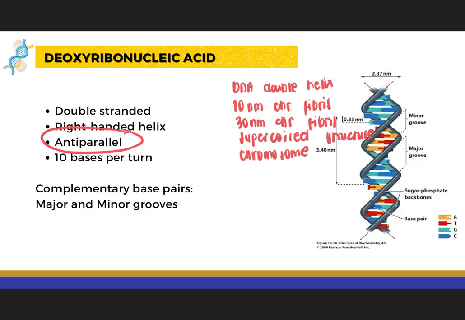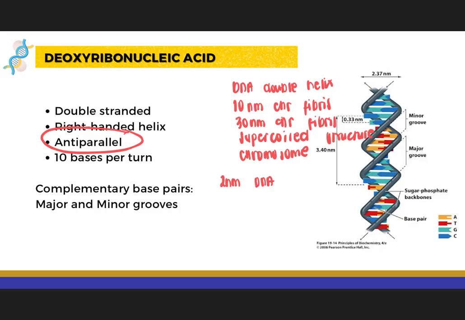Okay. So first, let's talk about the DNA double helix, the 2 nanometer DNA double helix. Okay? So 2 nanometer DNA double helix is the first level of organization of the DNA.